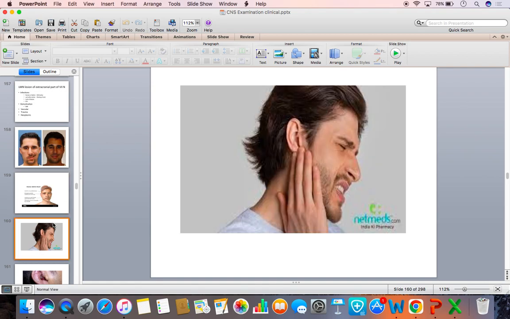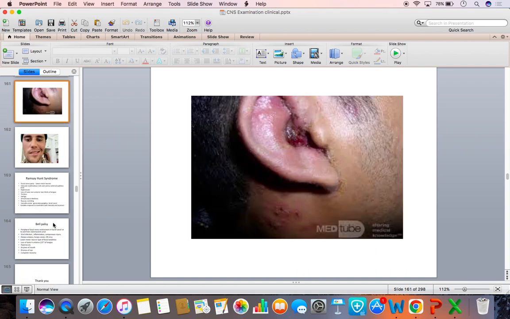This patient is complaining of pain, probably going to develop the features of Ramsay Hunt syndrome. It is because of the herpes zoster of the geniculate ganglion, resulting in erythema, vesicles, pain in the angle of the jaw, followed by the ipsilateral total facial nerve palsy. This is caused by the varicella zoster of the geniculate ganglion.